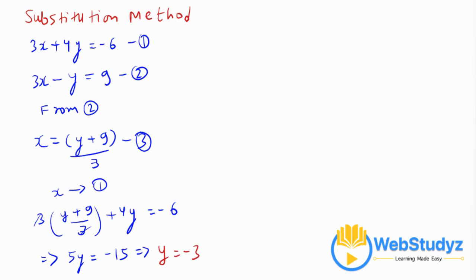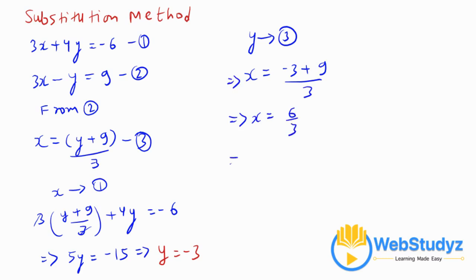Now when we put the value of y into the third equation, we get x equals minus 3 plus 9 by 3. So x will be 6 by 3. So we get the value of x as 2 and y as minus 3 using the substitution method.